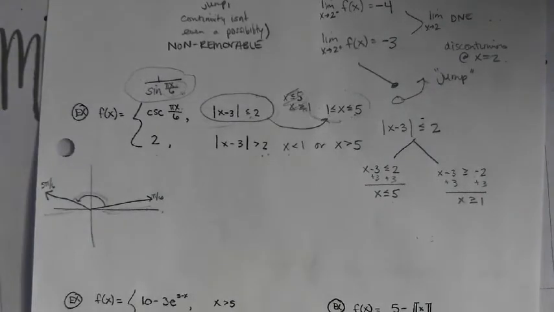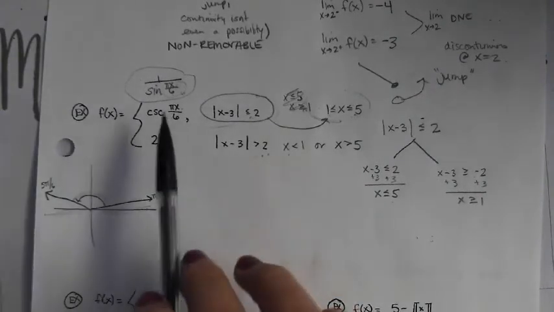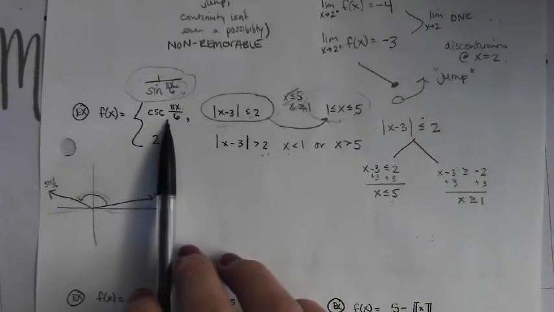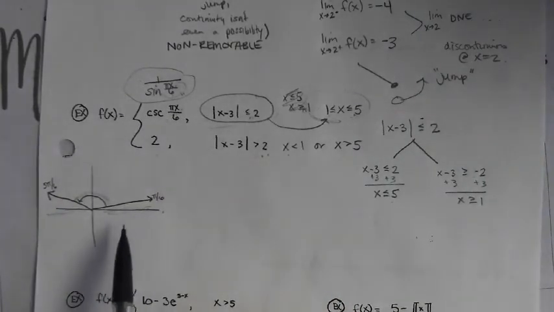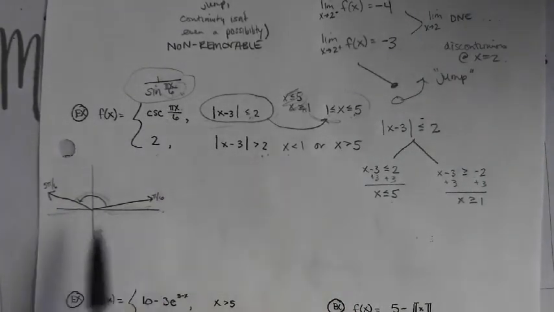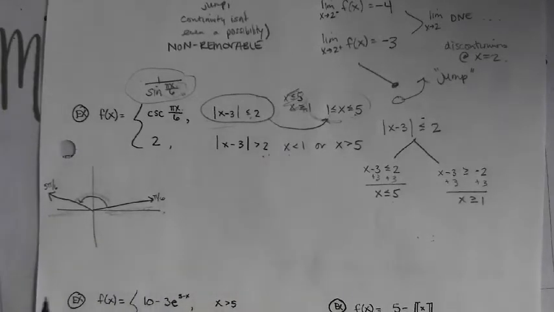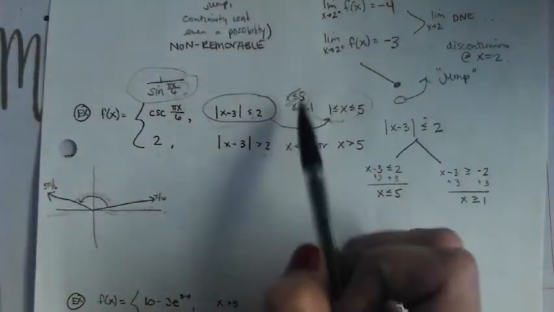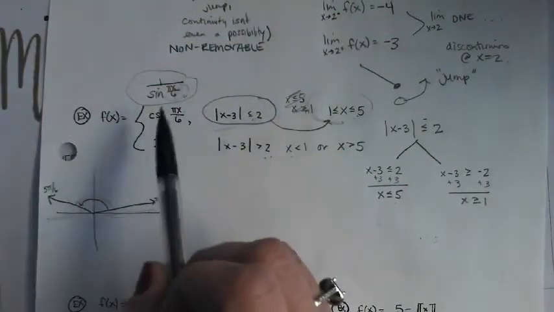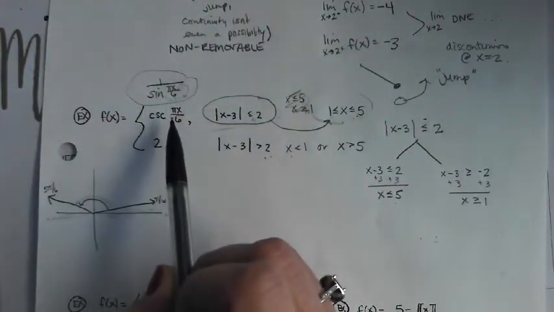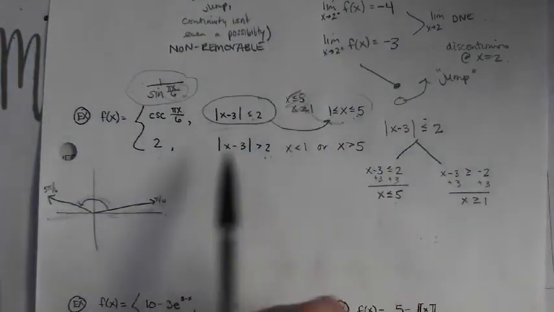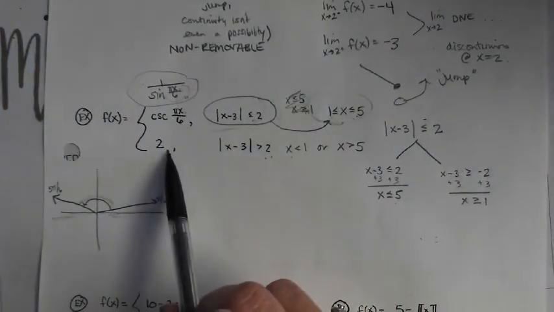You follow? Okay, so even though cosecant has a boatload of discontinuities, if x were 0, if x were 6, if x were 12, if x were 18, but none of those fall in this interval. So we don't have to worry about discontinuities within here. Anywhere else, we're using this other equation.